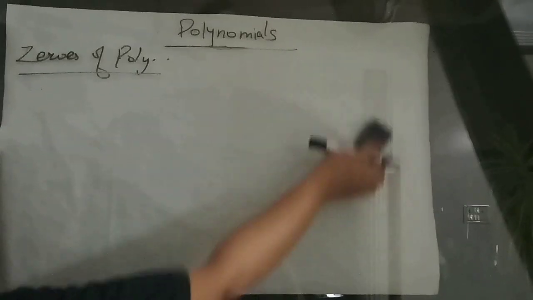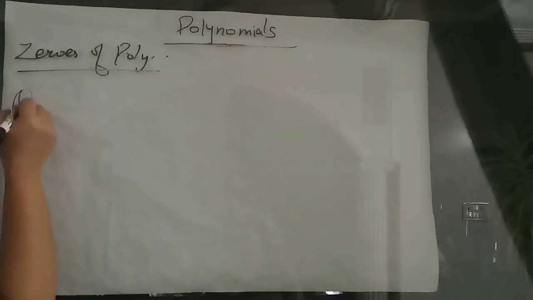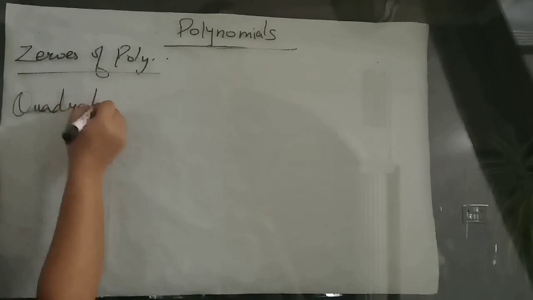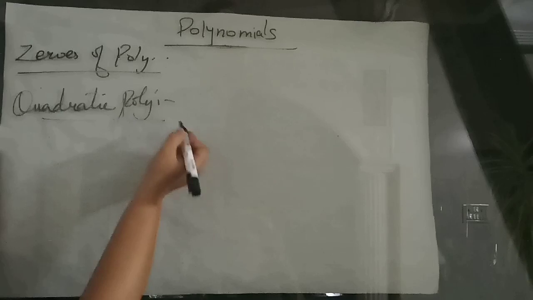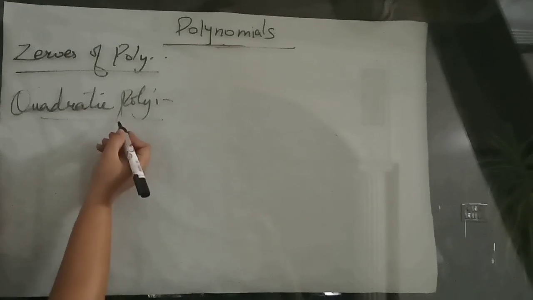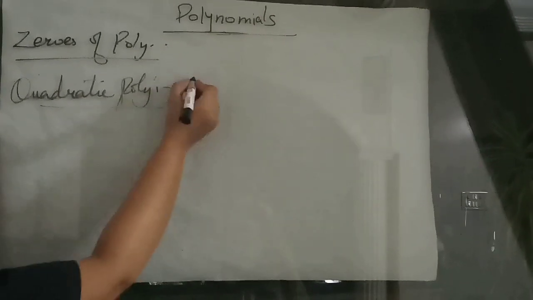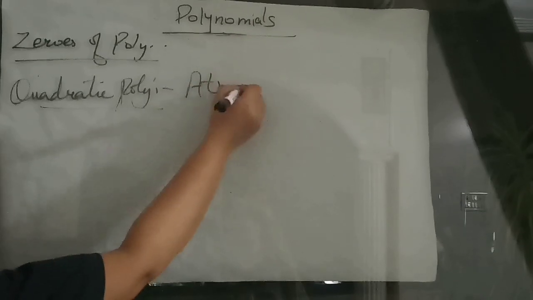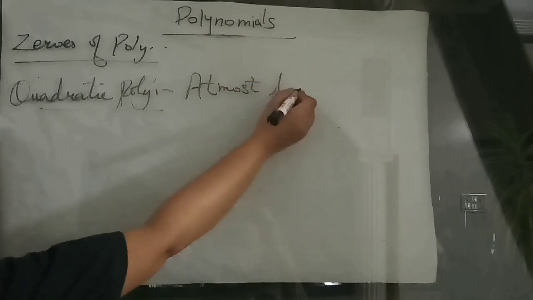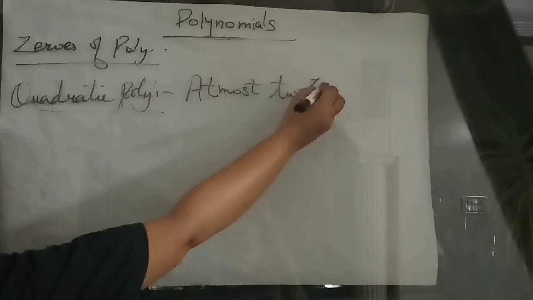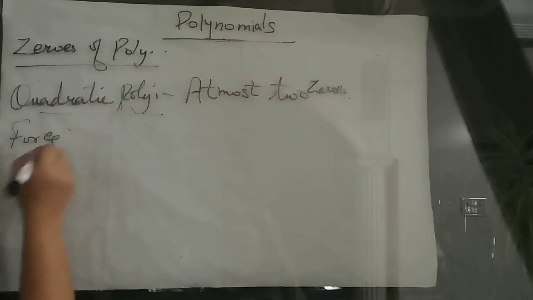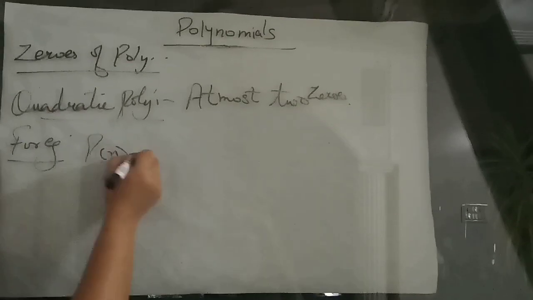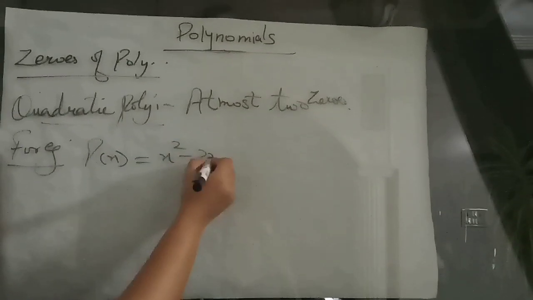Now we will take a quadratic polynomial. As its degree is 2, how many zeros will it have? At most 2 zeros. Maximum 2 zeros it must be having. For example, P(x) is equal to x square minus 2x.